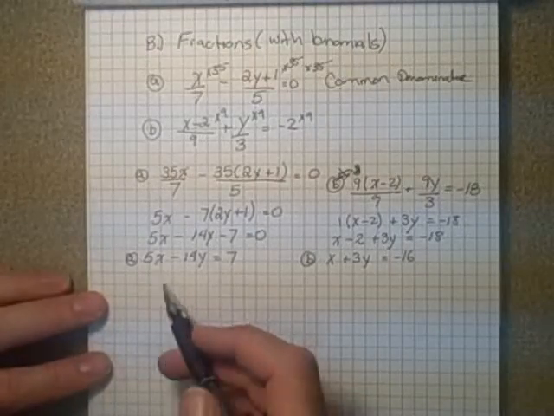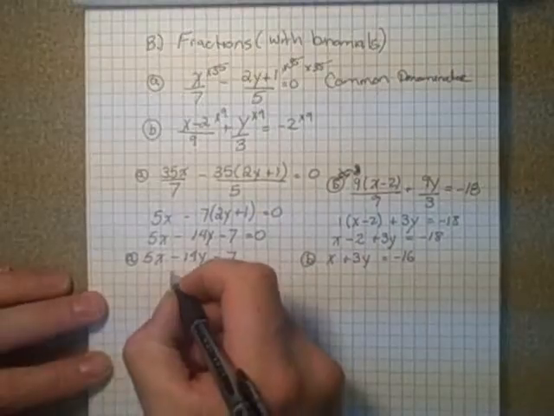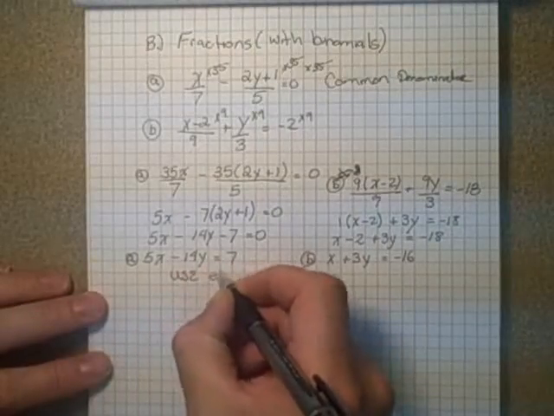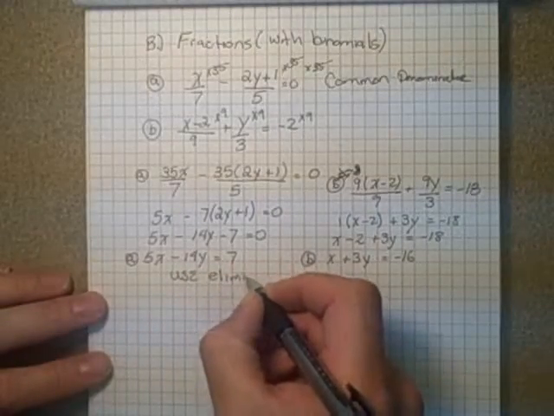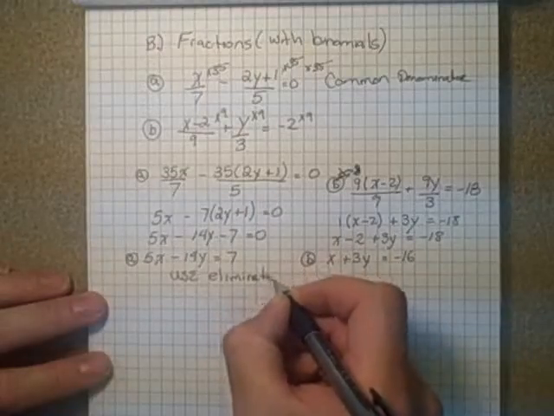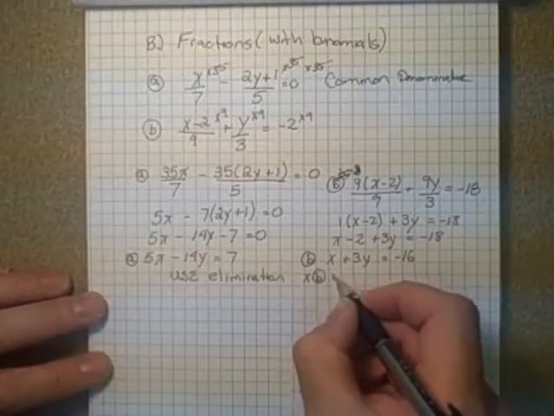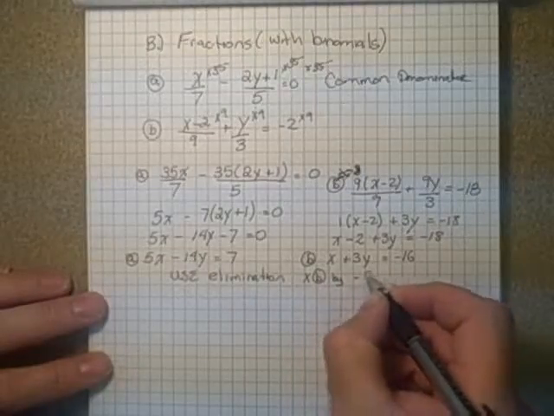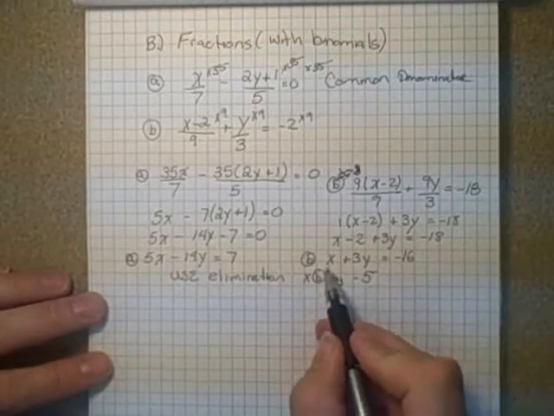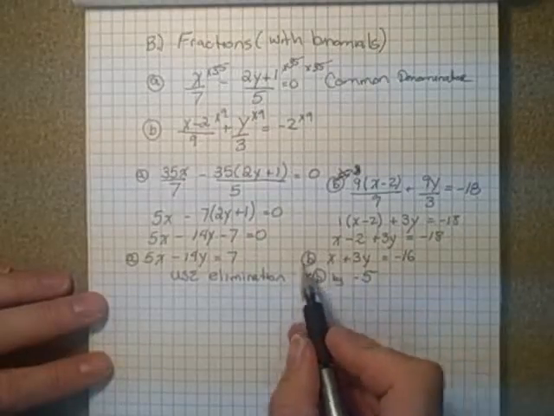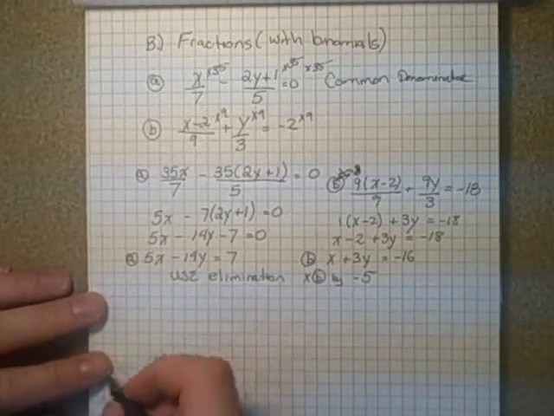So I'm going to use elimination, and I'm going to multiply b by negative 5 in order to change the coefficient in front of the x to a negative 5 so that I can eliminate it from a.